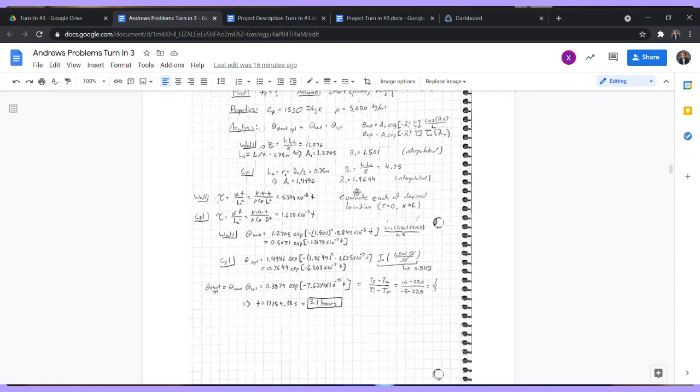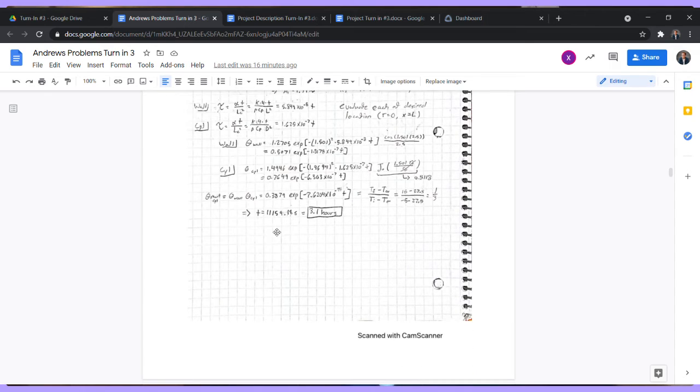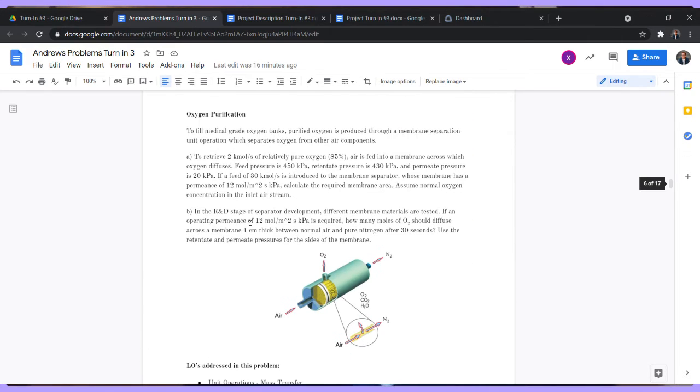Biot numbers were found, which helped us find our values, and then these were solved for, leading to our expression for change in temperature, which was then solved, and time was found to be a little over 3 hours.